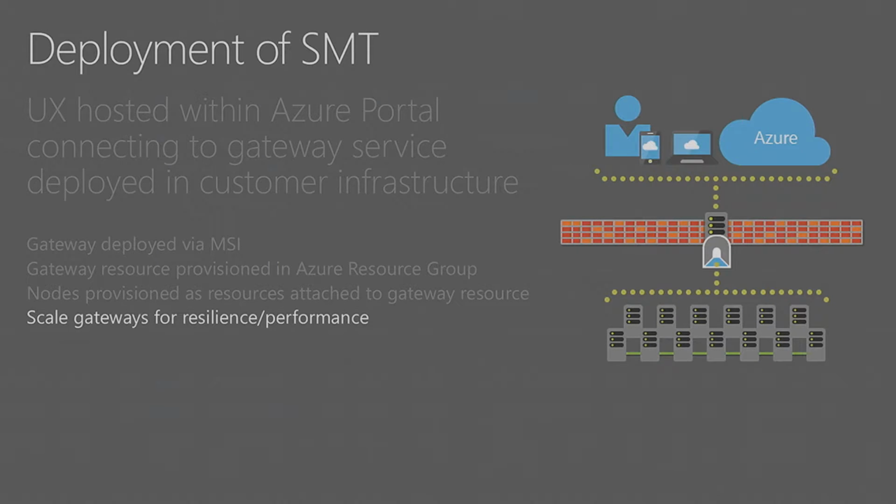If one gateway instance goes down, from an HA perspective, you still have additional instances running and processing requests. From a load balancing perspective, that also helps with performance if you've got a lot of requests coming from several different administrators at the same time trying to manage various servers.